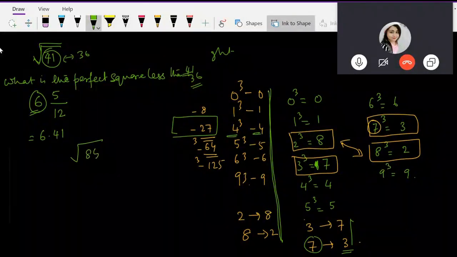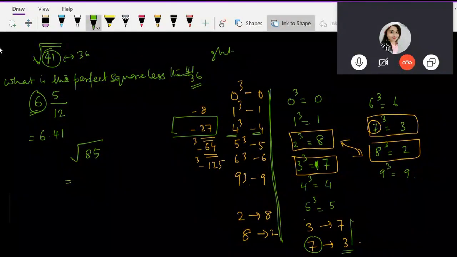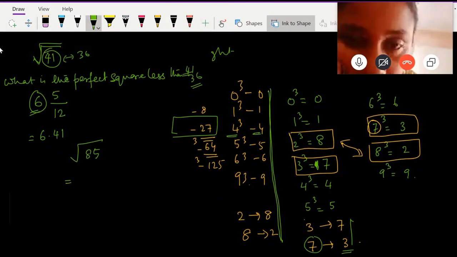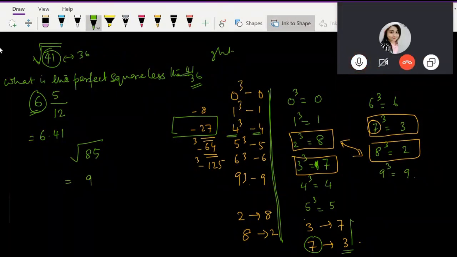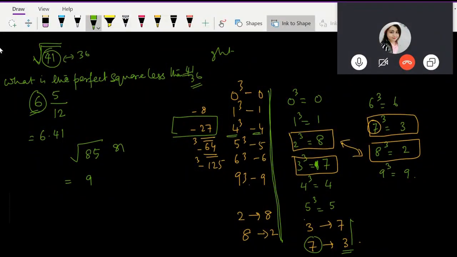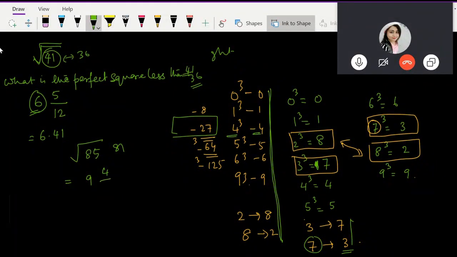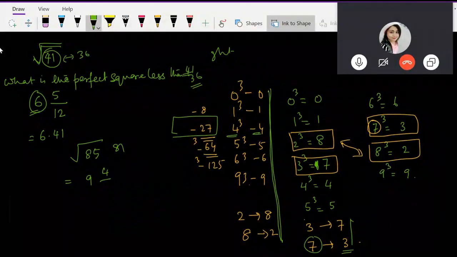Root over 85, right? So this would be how much? 81 and 9. The difference is 4. 4 by 18.